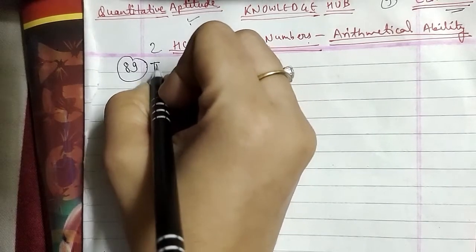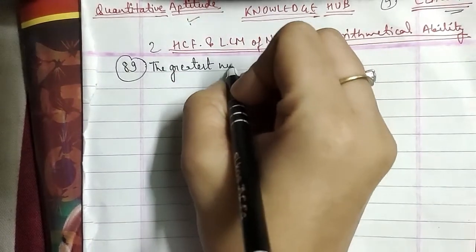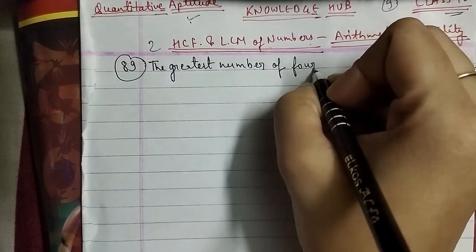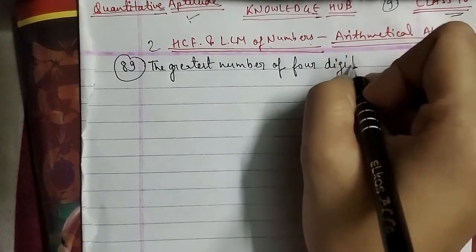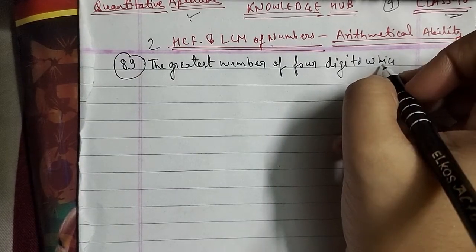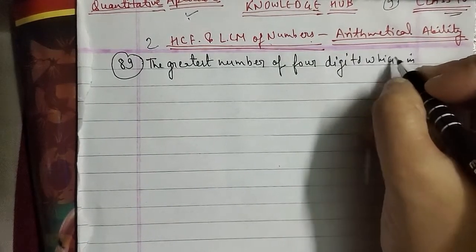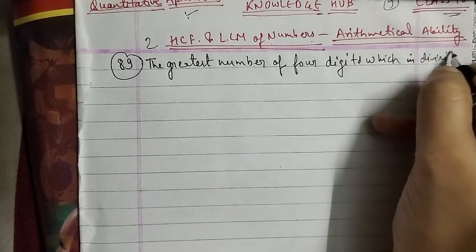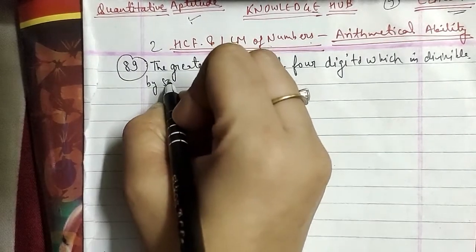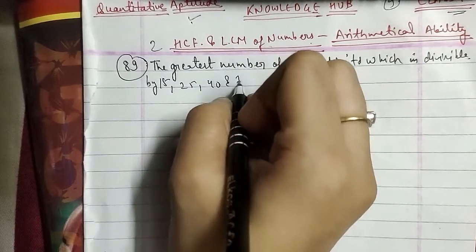So here we go. The greatest 4-digit number which is divisible by 15, 25, 40 and 75 is.